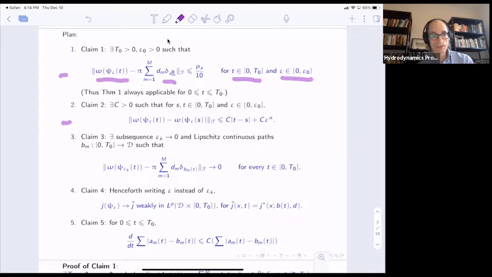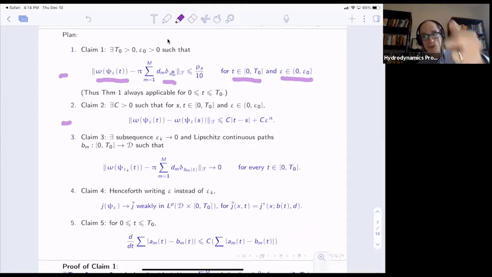And so what this is saying is that it's a kind of Lipschitz continuity. If I ignore this, which I'm entitled to do since I'm going to send epsilon to 0, then this says that if I think of the map taking time t into the vorticity omega of the solution psi epsilon at time t, these functions are Lipschitz continuous, from the time axis, a copy of R, into some space of measures with this flat topology.